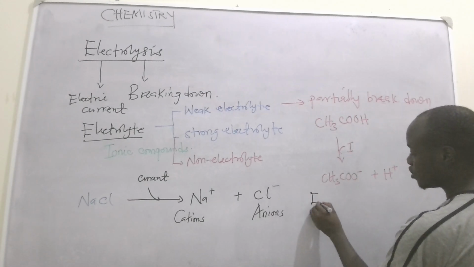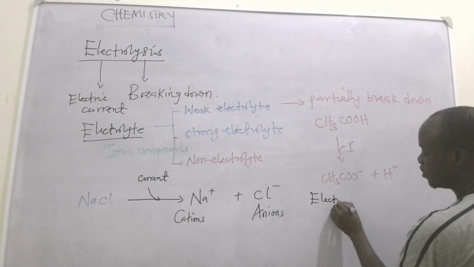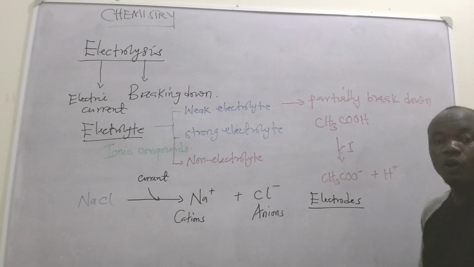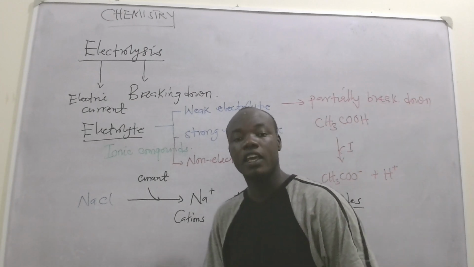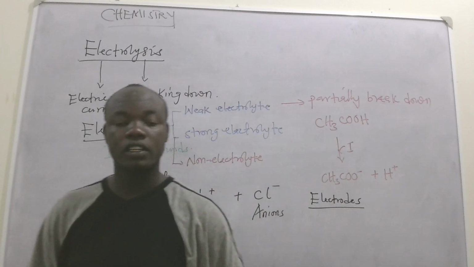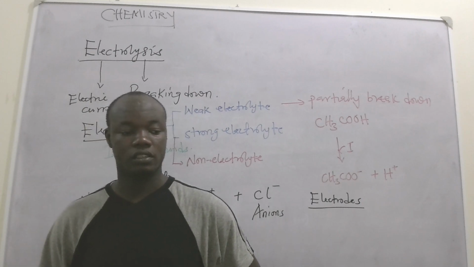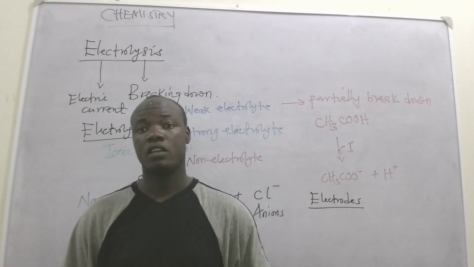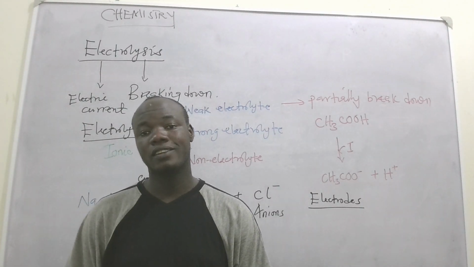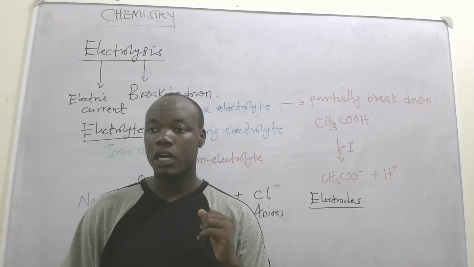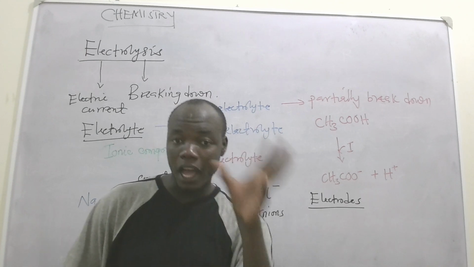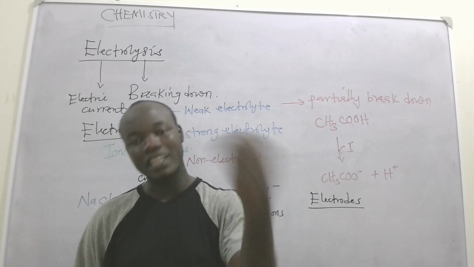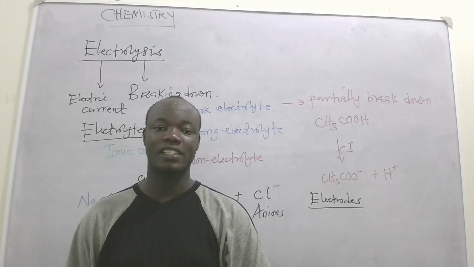We have what we call electrodes. Electrodes are where electrons leave or enter the electrolyte.